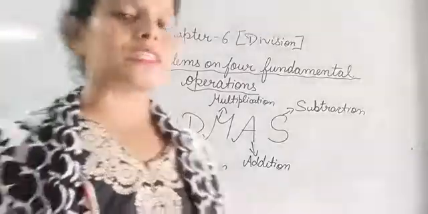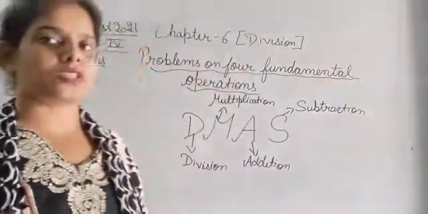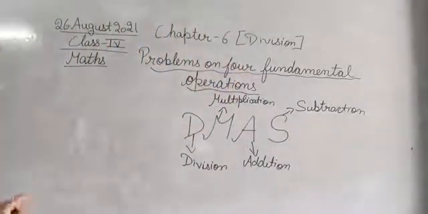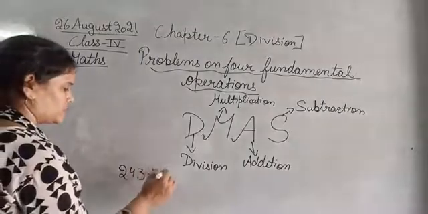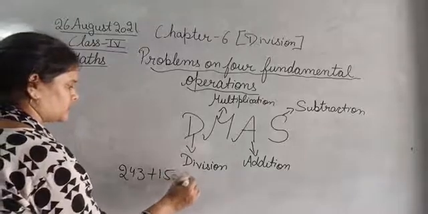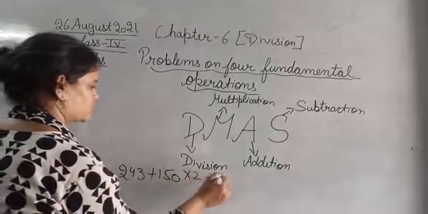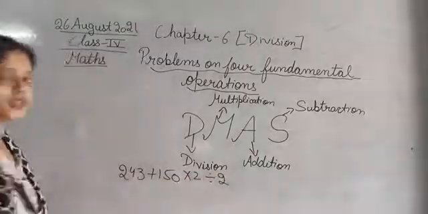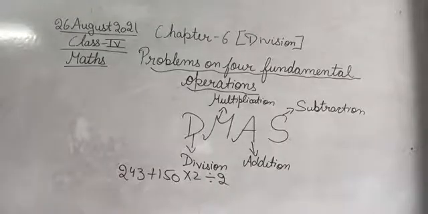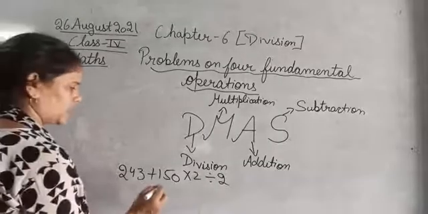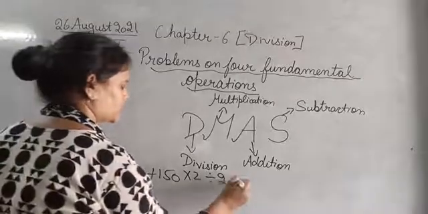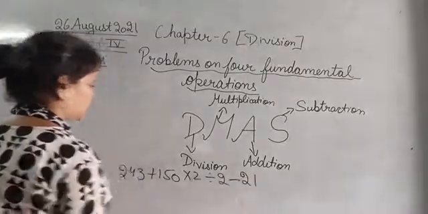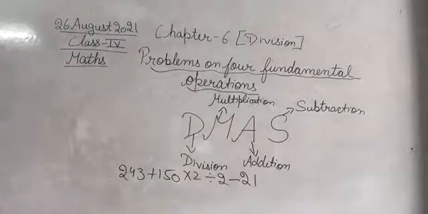Suppose a sum is given. Let me explain with an example. Suppose the number is 243 plus 150 multiplied by 2 divided by 2 minus 21. This sum is given, and it is said that you have to solve it.